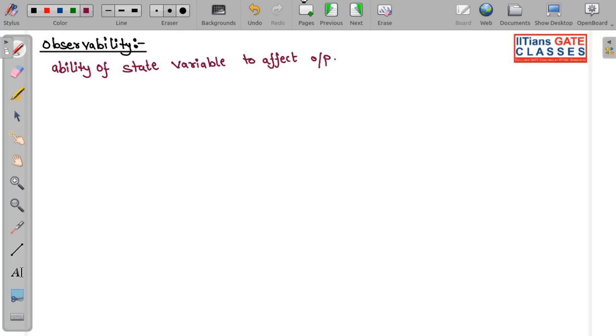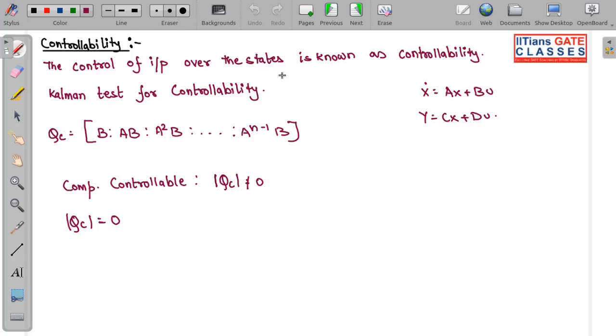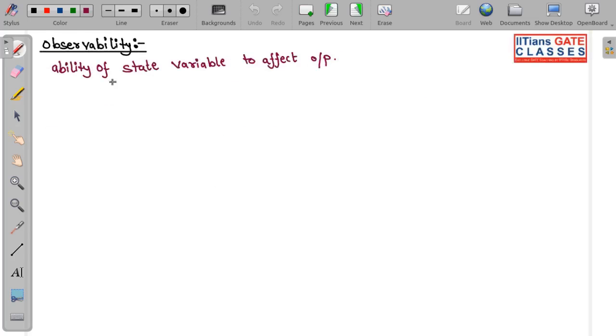Here, your input was affecting the state variable. Observability means your state variable will affect the output.